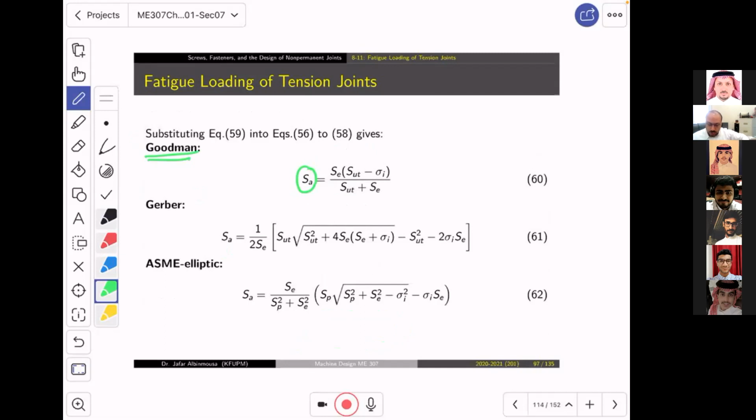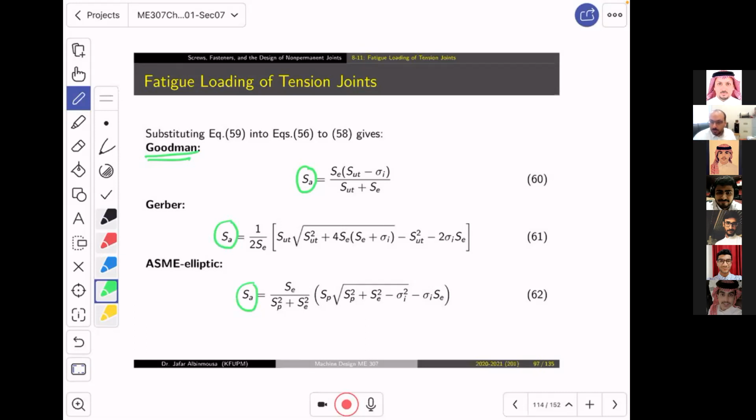That's the idea based on Goodman. Same thing here, we get the strength amplitude based on Gerber, and then based on Esme elliptic.